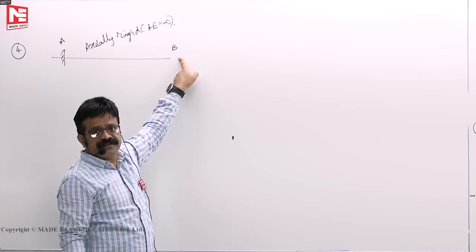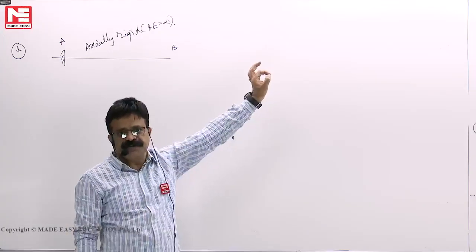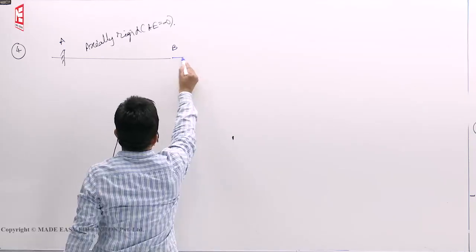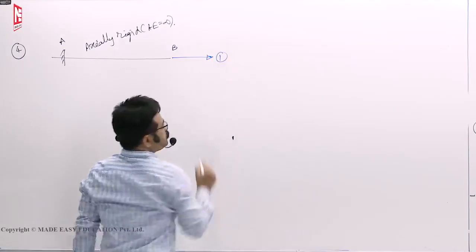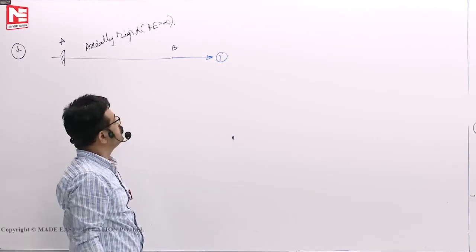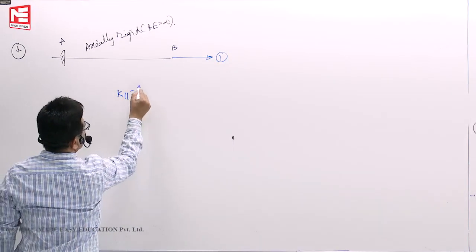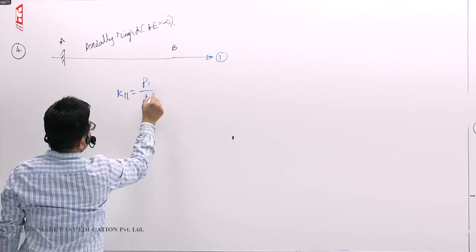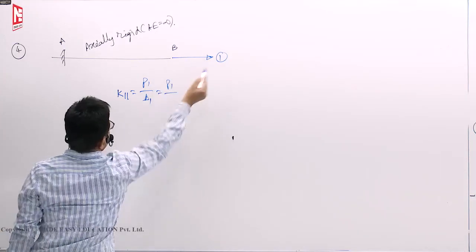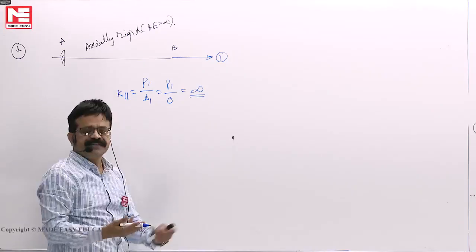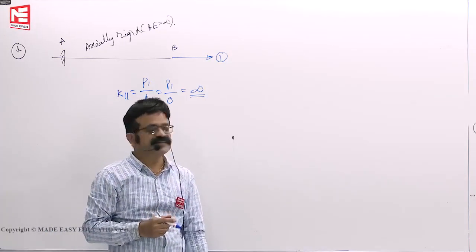At a joint, if displacement is impossible, but you give a coordinate number, let us say coordinate 1, then what will happen? K11 is P1 by delta 1. So what is delta 1? 0. Something divided by 0 is equal to infinity. With infinity, what will you do? Nothing.